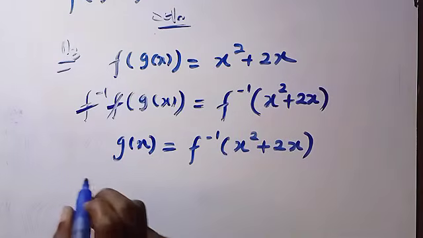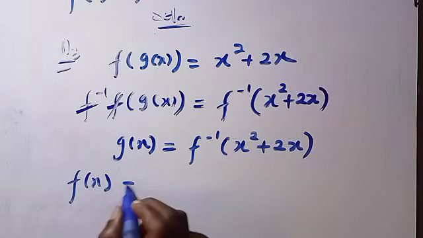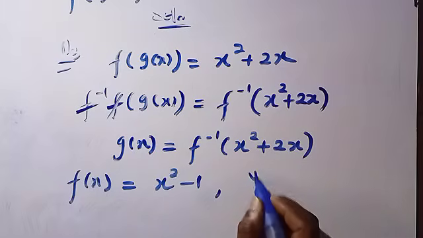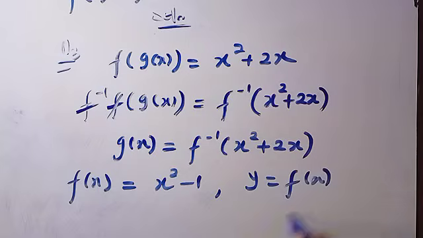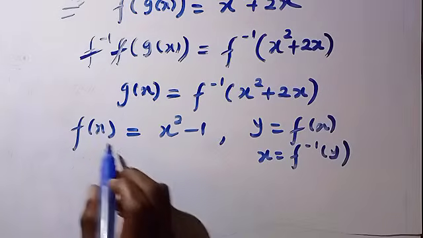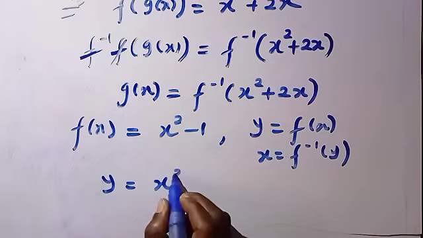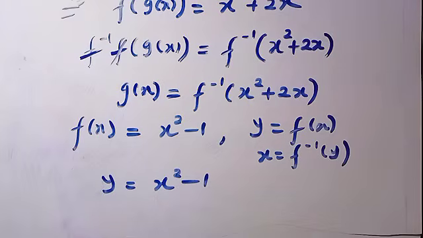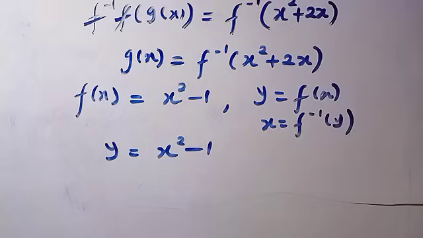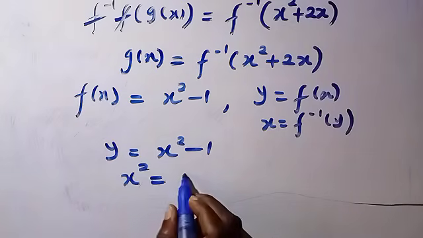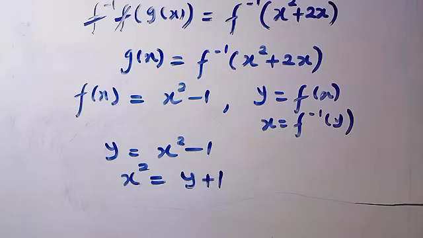And let's recall that f of x equals x squared minus 1. Suppose I let y equal f of x. We know that x will be equal to f inverse of y. And if I do that to this, we are going to have y equals x squared minus 1. Alright, so making x the subject of the formula, we are going to have x squared equals y plus 1.